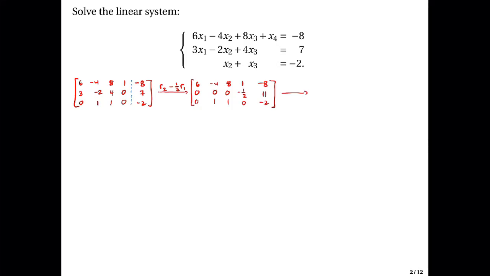Row 2 interchange with row 3, and then we will have 6, negative 4, 8, 1, negative 8, then 0, 1, 1, 0, negative 2, and then 0, 0, 0, negative 1 half, and 11.